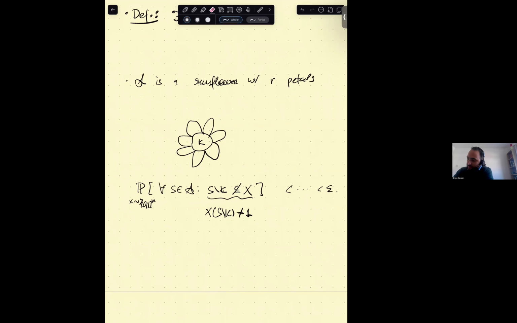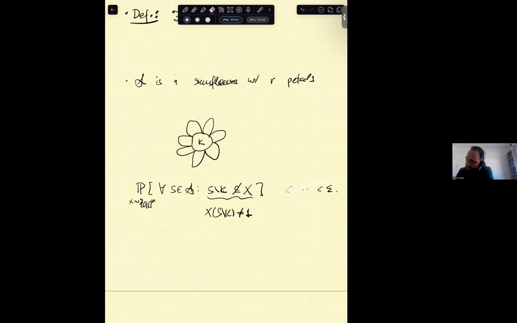Right. So how do you calculate this? Because all these S minus K are disjoint, and X is uniform, all these events are independent.